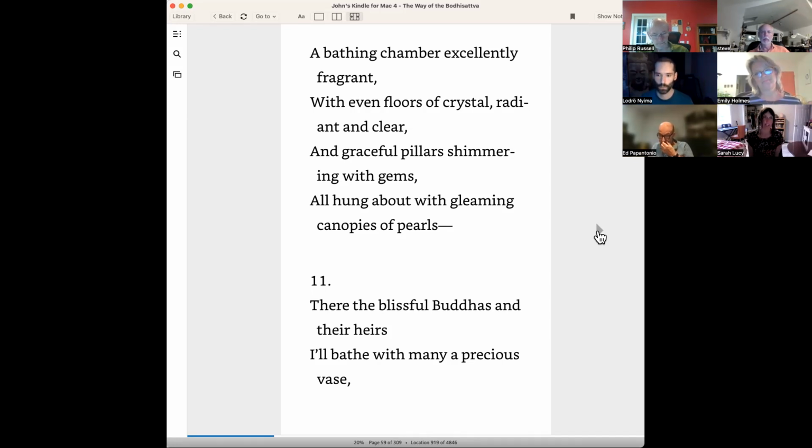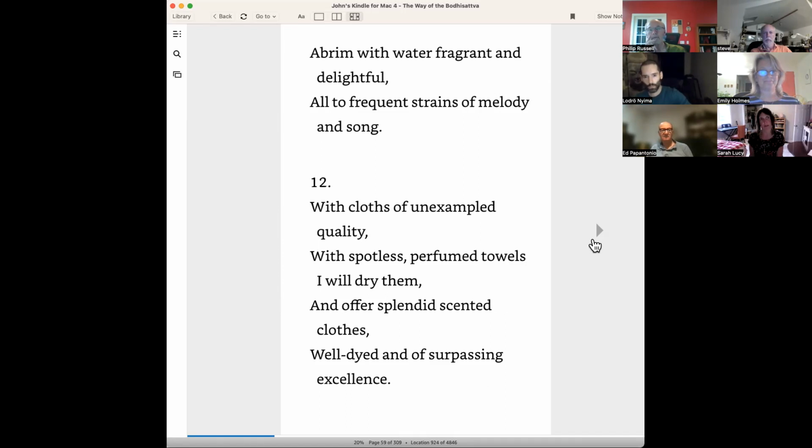A bathing chamber excellently fragrant, with even floors of crystal, radiant and clear, and graceful pillars shimmering with gems, all hung about with gleaming canopies of pearls. There the blissful Buddhas and their heirs, I'll bathe with many a precious vase.